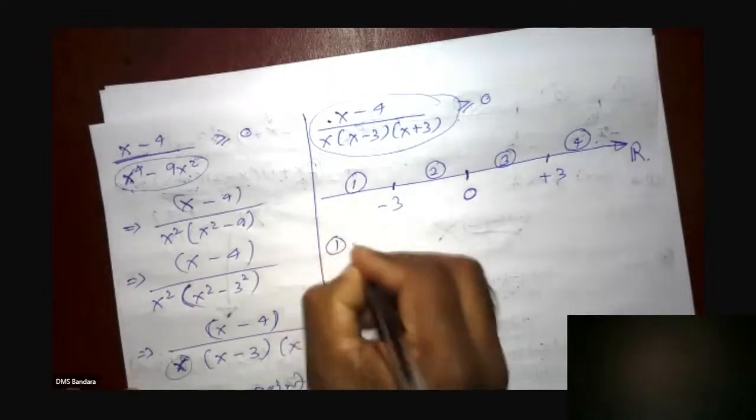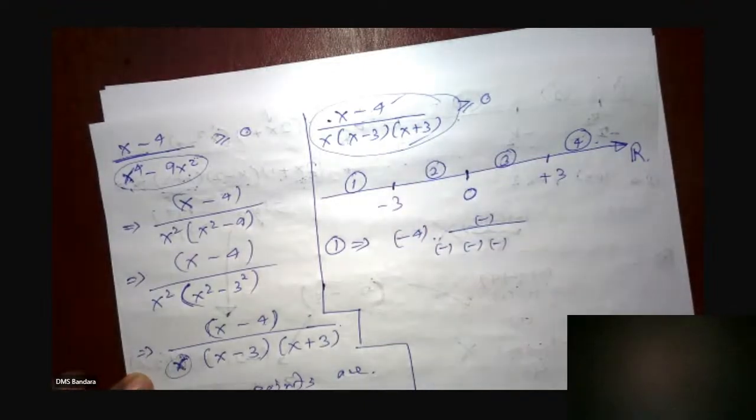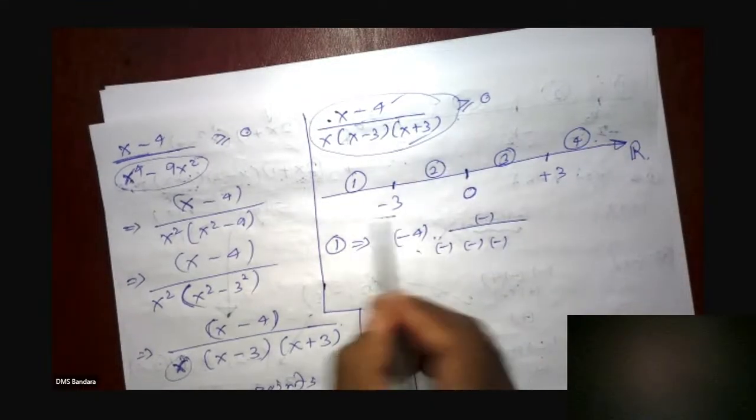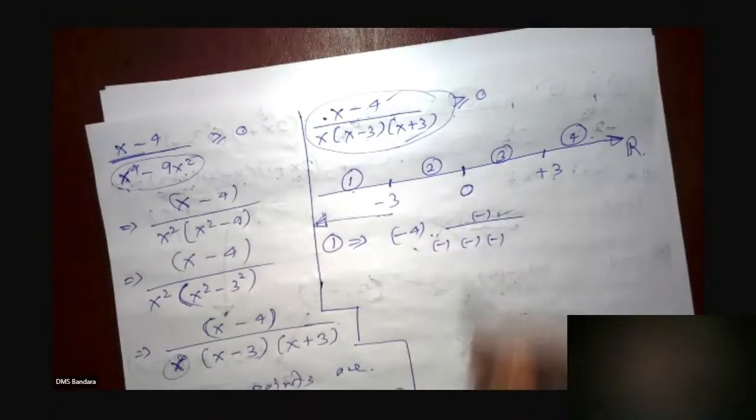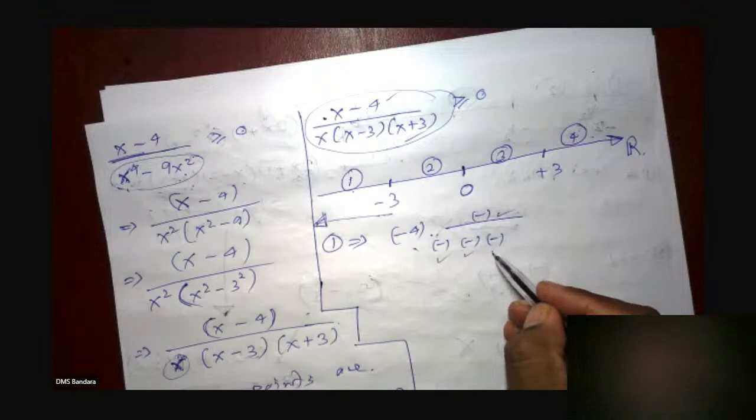I do the region 1. My test point is minus 4. Check the sign of the numerator and the denominator. The numerator is already minus. When you take minus 4 as the region from minus 3 to minus infinity, the numerator is negative. The x squared is positive, x minus 3 when x is minus 4 is negative, x plus 3 when x equals minus 4 is negative.